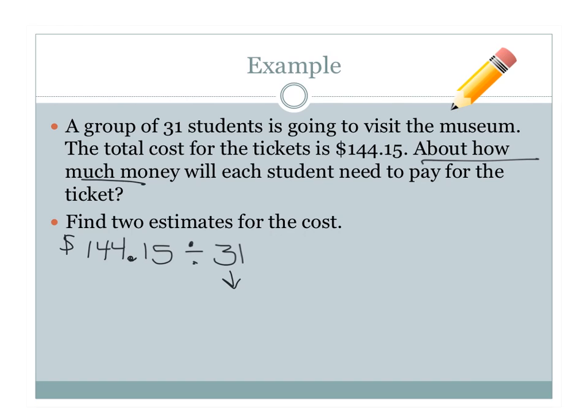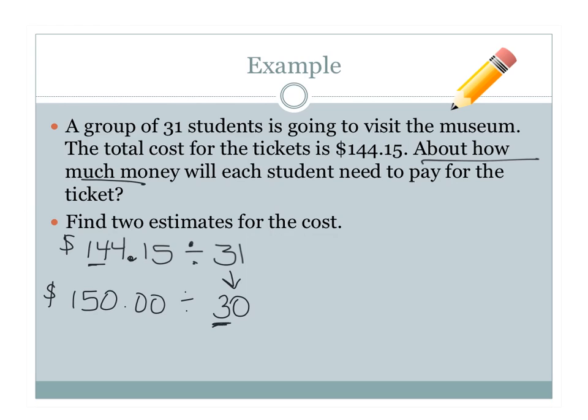Start with the divisor. 31 is close to 30. So now I'm looking for multiples of 3 that get me close to 14. Well, a multiple of 3 that gets me close to 14 is 15. Everything behind it becomes a 0. So now I have $150 divided by 30.